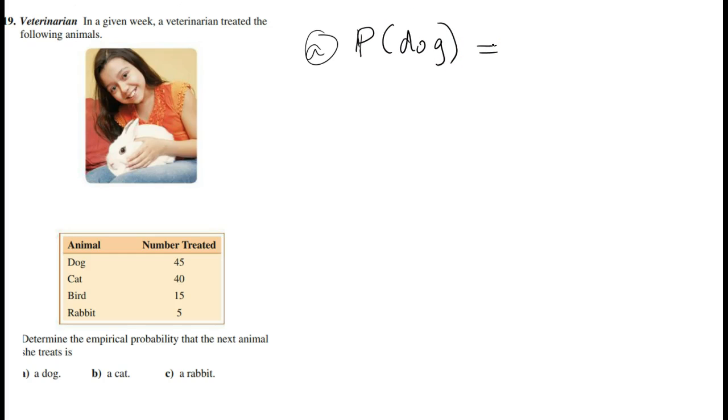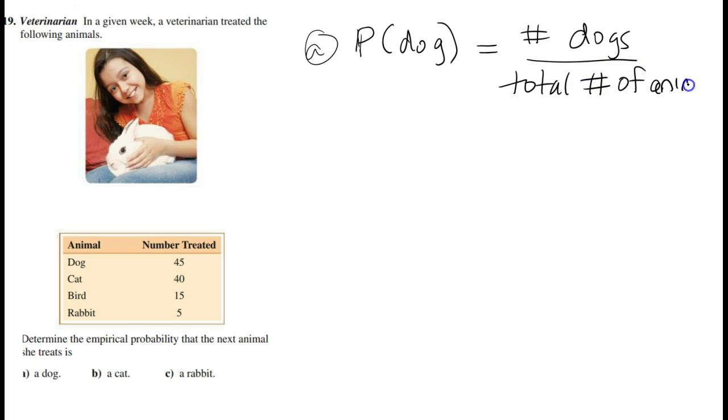So all we have to do is find from the table the number of dogs and divide it by the total number of animals. If we look at our table, we see that there were 45 dogs.